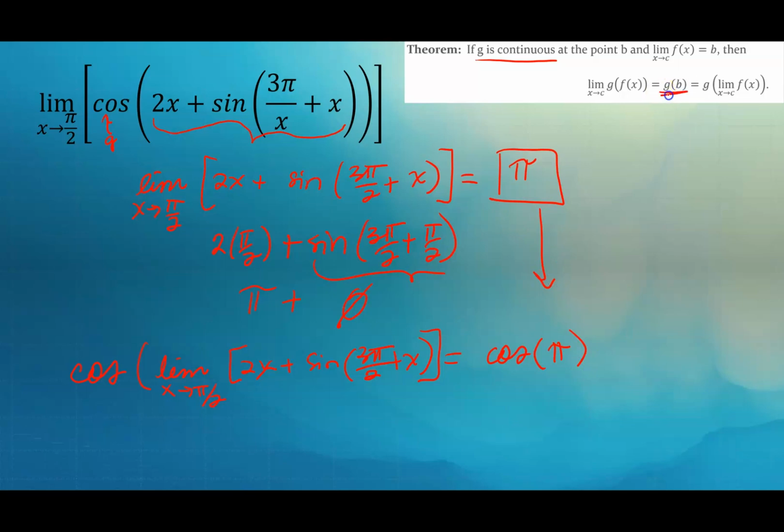And that is g of b, right? G of pi. And cosine of pi is going to be -1.